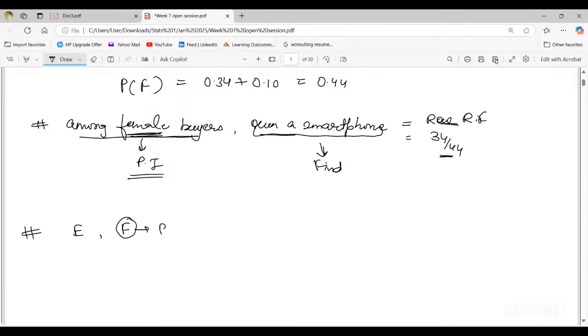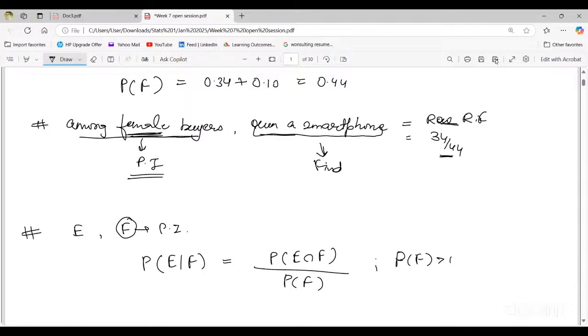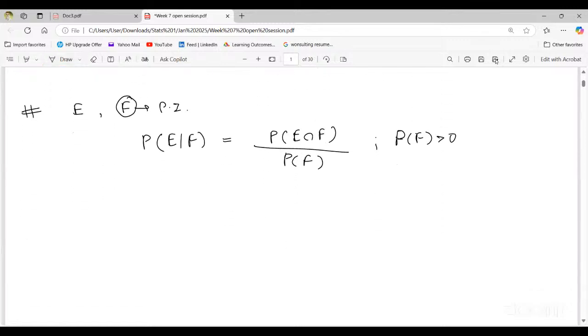This is my partial information. So you have to find out the probability of E given F. It would be equal to probability of E intersection F upon probability of F. And the condition is the probability of F should be greater than 0. Now let's take an example.